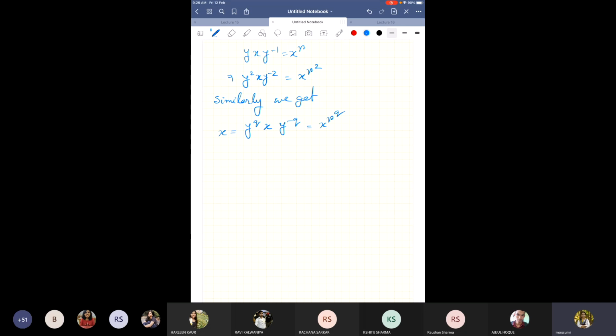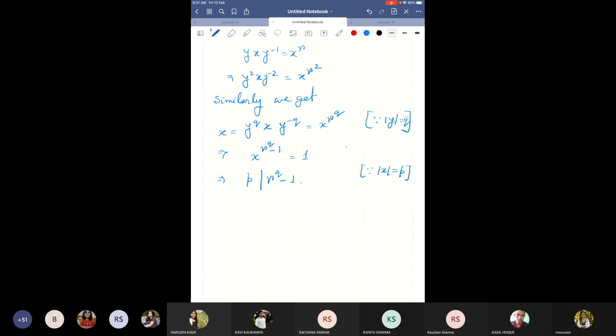But this is nothing but x, as the order of y is equal to q. So from here I can say x to the power r to the power q minus 1 is identity, which implies that p divides r to the power q minus 1, because the order of x is equal to p.